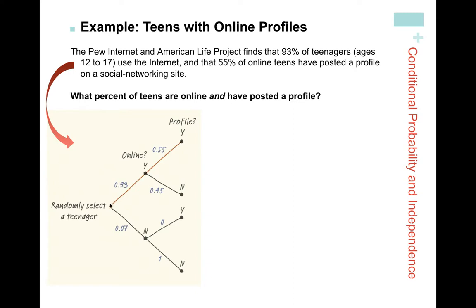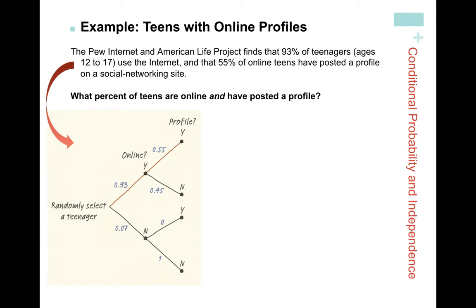Then the answer no is the complement of being online, so the probability of no is 1 minus the probability that they are online, so it's 0.07. Since we only have two branches for this first decision, these have to add up to 1, which they do.